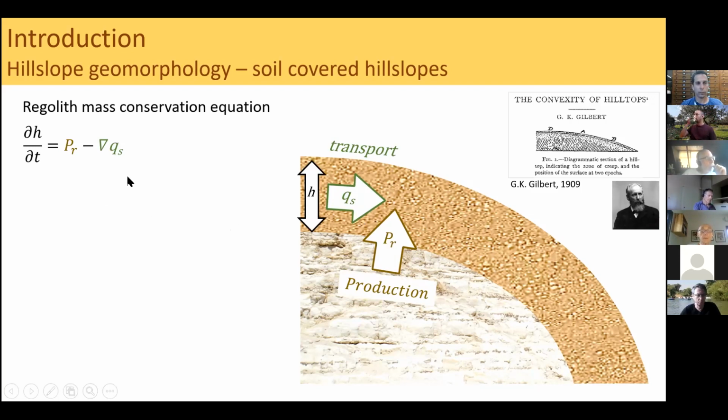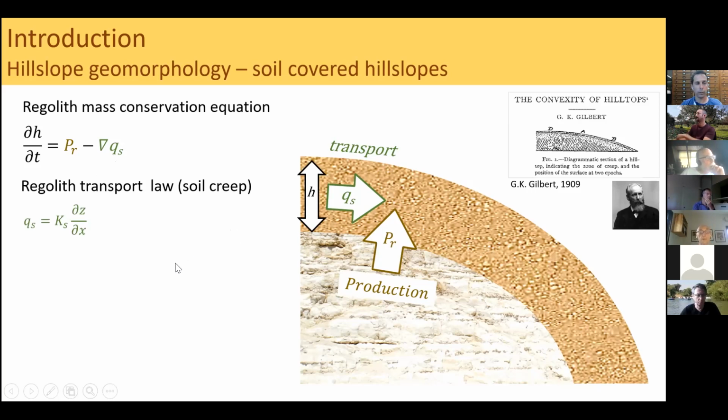So first, I'm showing you here a soil mass conservation equation. Okay, it just states that every change in soil mass or thickness would be the difference between soil production and net soil transport.